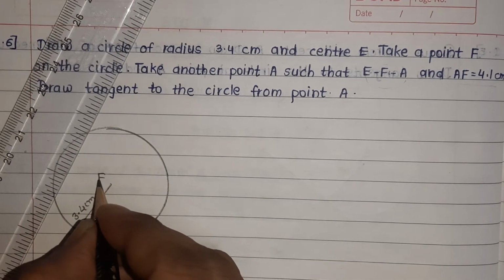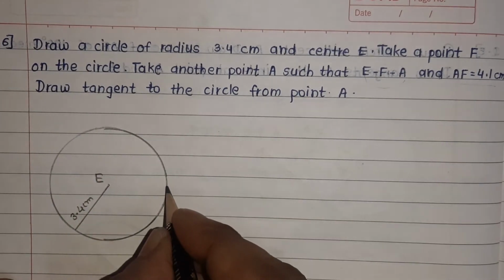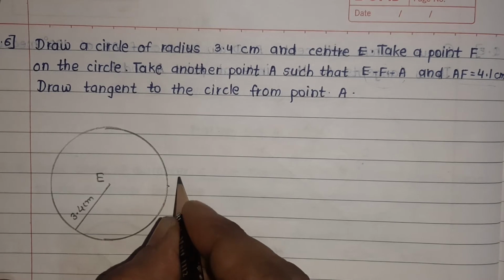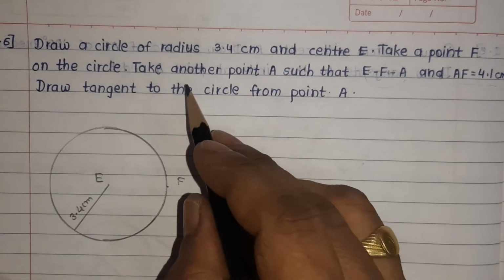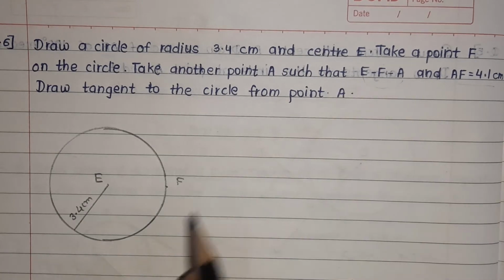Center is E. Take a point F on the circle. Suppose I take point F over here on the circle. Take another point A such that E-F-A.